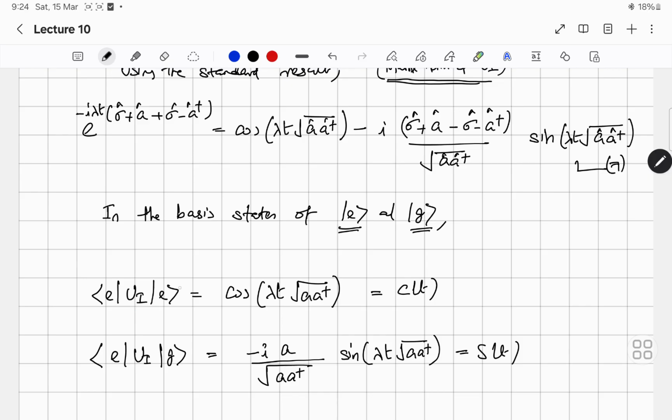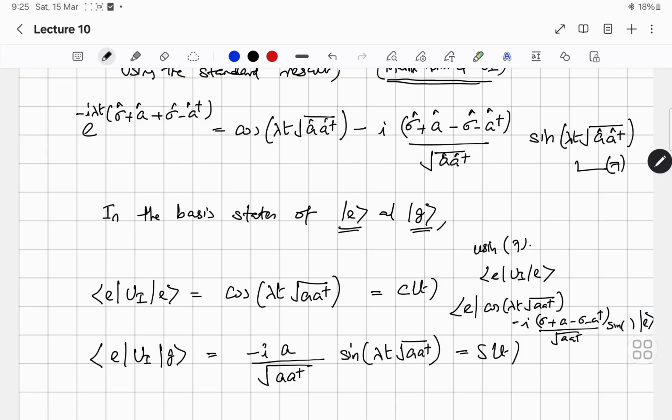If you calculate <e|UI|e> using equation number 7, so using 7, <e|UI|e> would be <e| cos of lambda t square root of a dagger a minus i sigma plus a minus sigma minus a dagger divided by square root of a dagger a, the sine of something |e>. So this inner product can be split into two.